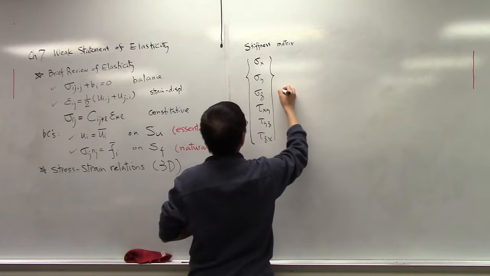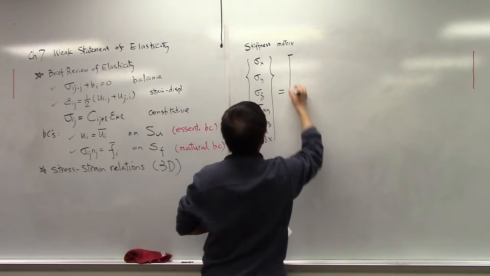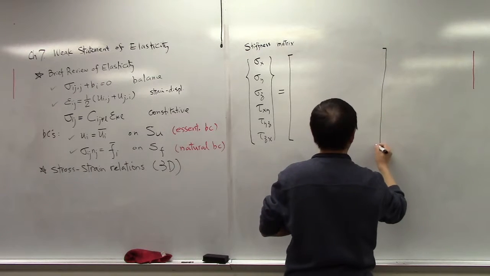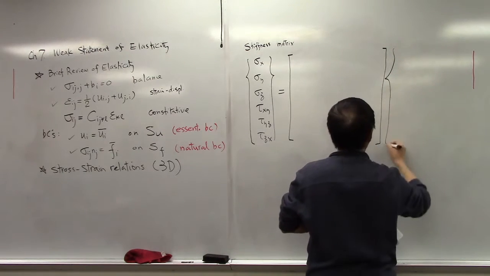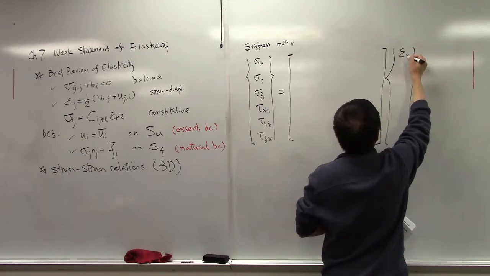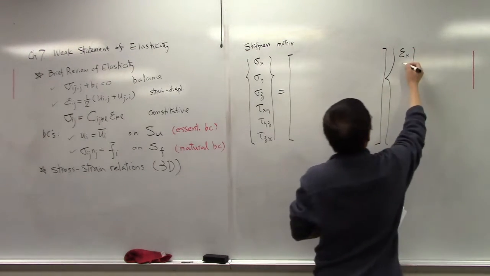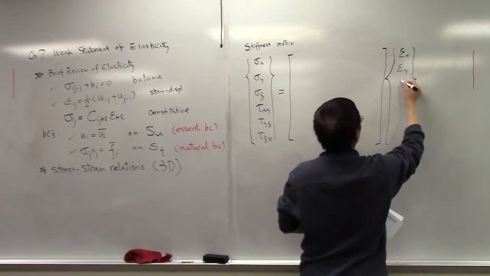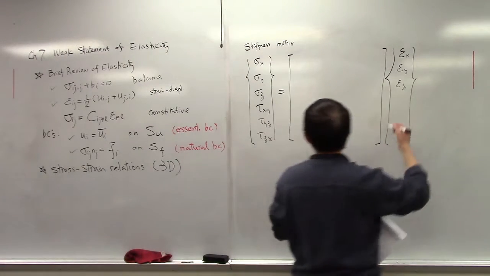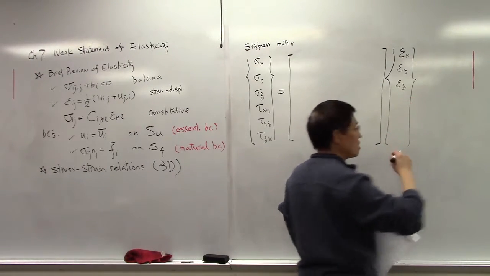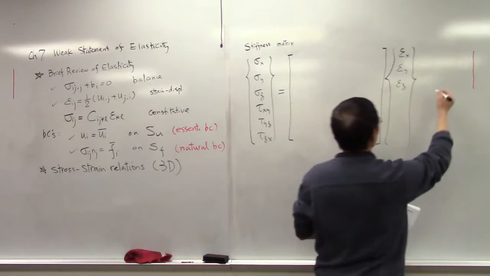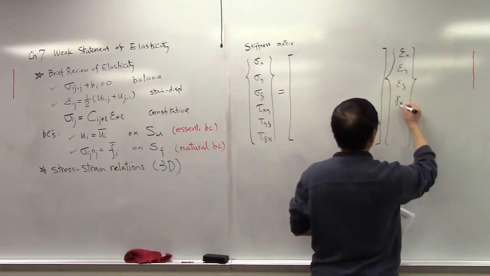Okay, and this is linked to the strain components. Here we can write again all the strain components. First one is epsilon x, and then epsilon y, and then epsilon z. And then we have three shear components. We can use the engineering expression, which is gamma xy.